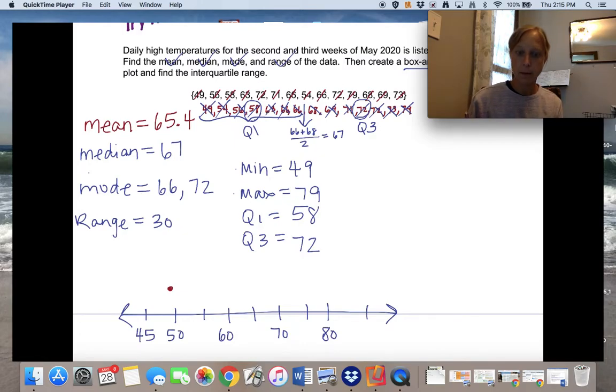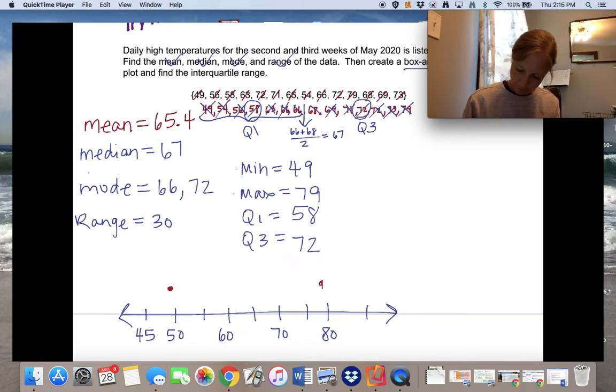My maximum is at 79. My median is at 67. Quartile 1 is 58. And quartile 3 is at 72.